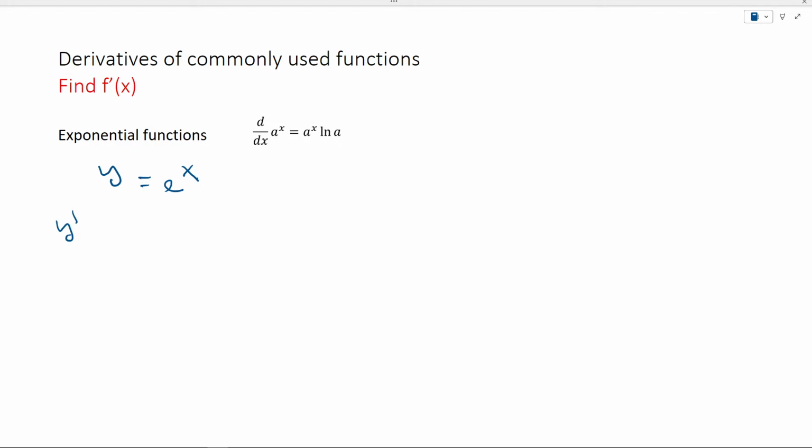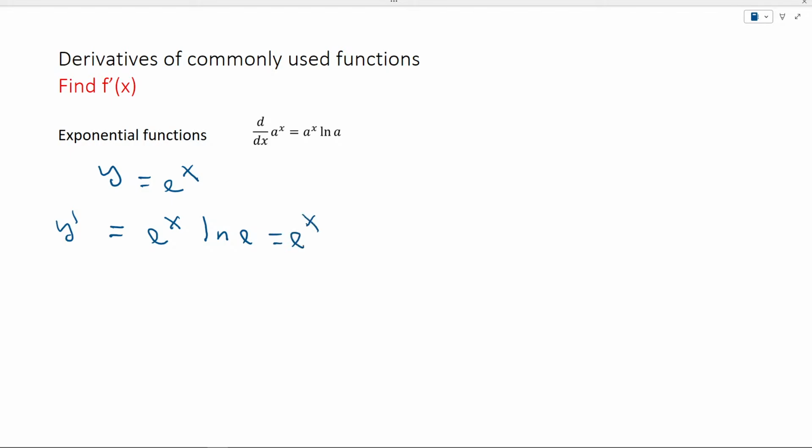If we look at this rule, the derivative of y would be e^x ln e, and ln e is equal to 1, so that would be e to the power x.